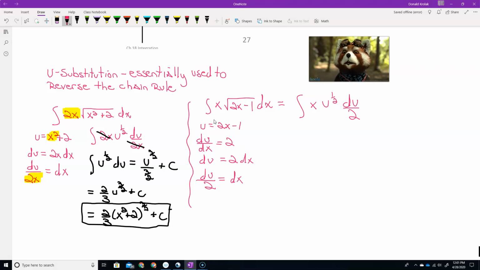So what do we do? Well, we have to take this x and write it in terms of u. Since it doesn't cancel, we're going to have to rewrite it in terms of u.